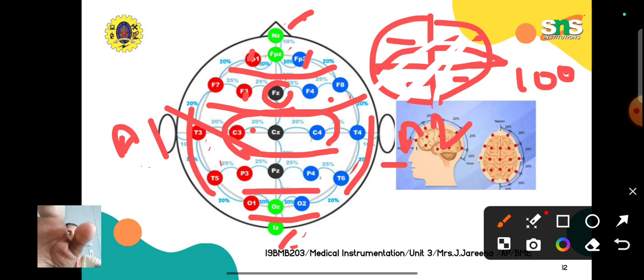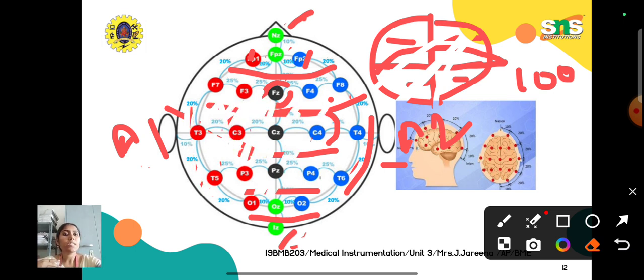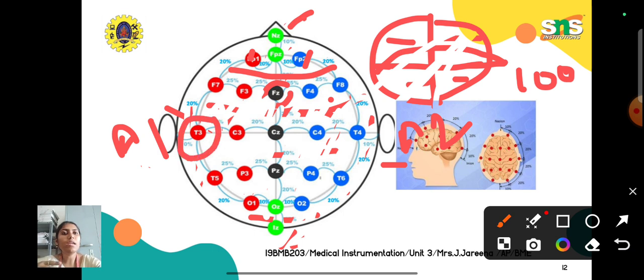So T3, T4, and then T5 and T6. T3 and T4 go in line with central, and T5 and T6 go in line with parietal. So this covers the side.